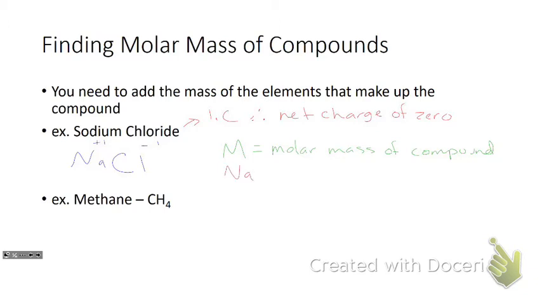Sodium has a molar mass of 22.99 grams per mole, okay? 22.99 grams per mole. Okay, and then we're going to go for chlorine. It has a mass of 35.45 grams per mole.